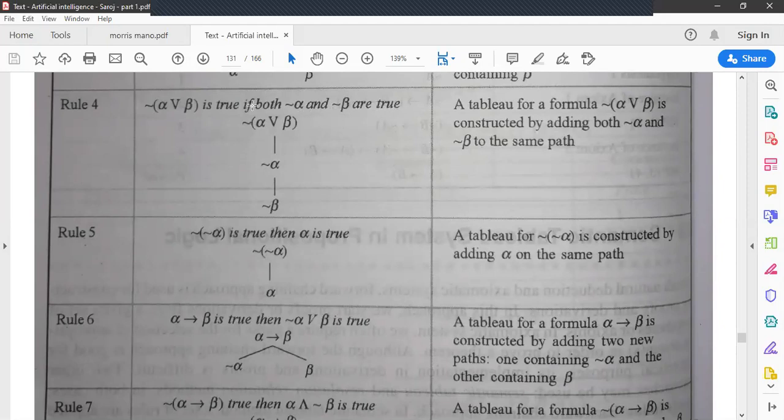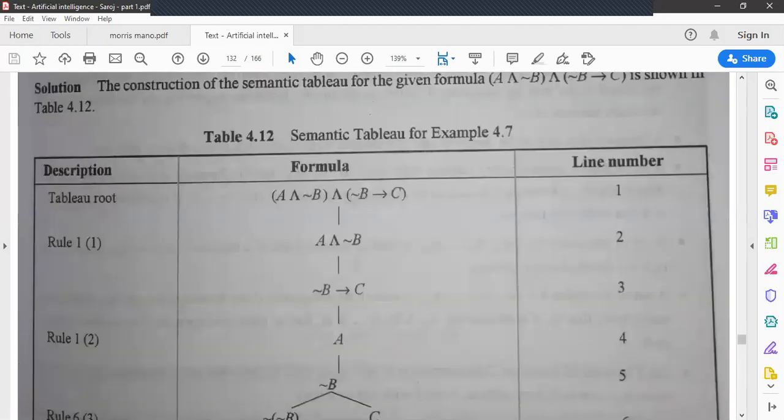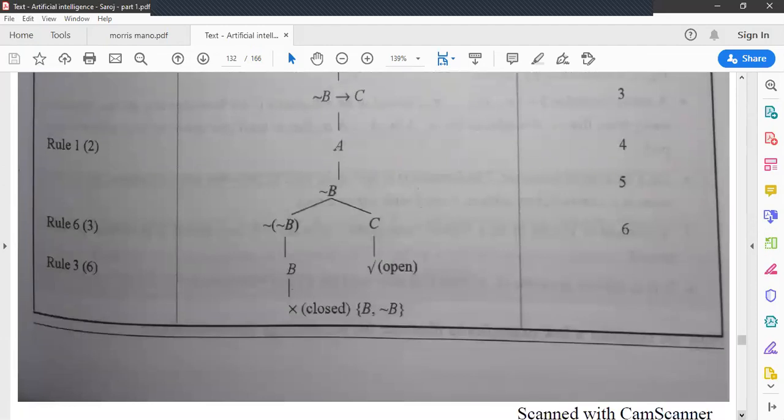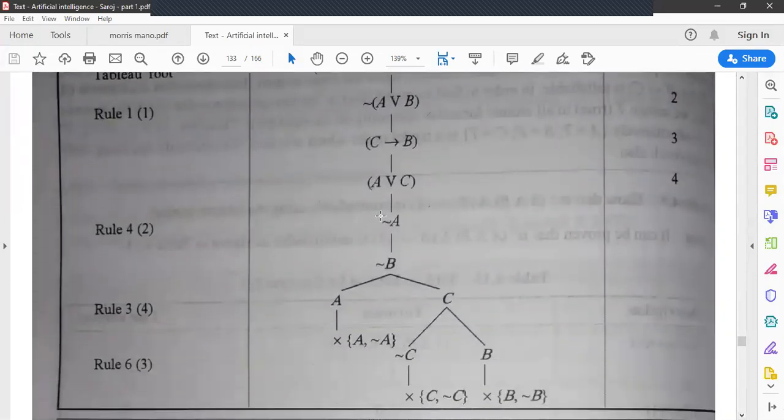When both these literals are true, then the entire formula is true, and hence you write this formula as not alpha and not beta. So that you are writing here. Here you are writing as not alpha and not beta from this line number 2.